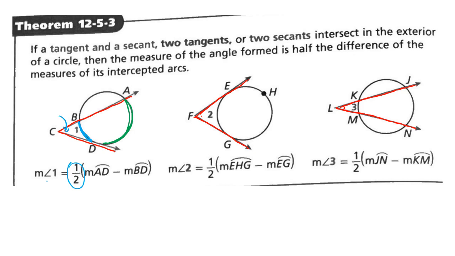So in the middle one, if you have 2 tangents, if you take this arc here and this arc measurement here, subtract them, and then divide by 2, you'll get this angle measurement. Same thing here. If you take this arc length and then you take this one, you subtract them, divide it by 2, you'll get that angle measurement right there. So it doesn't matter what scenario you get, you do the same thing every time.